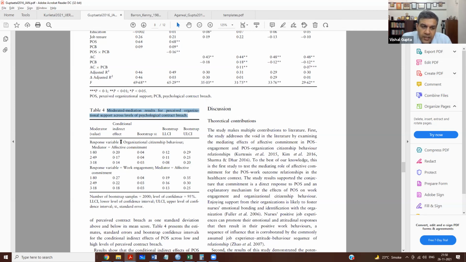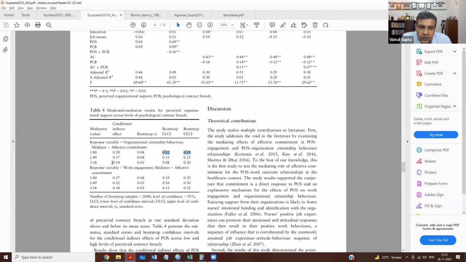So the conditional indirect effect, when the outcome variable was OCB, the mediator was affective commitment, at a low value of the moderator, the effect was 0.20, okay, and the bootstrap confidence interval suggested it is significant.